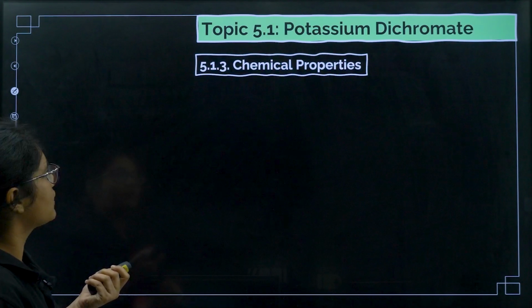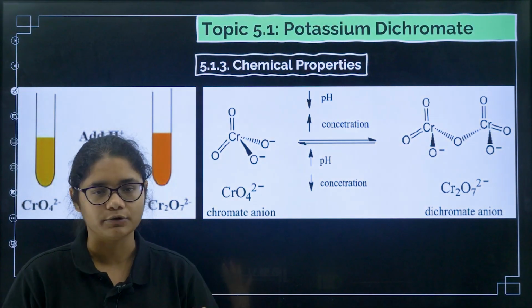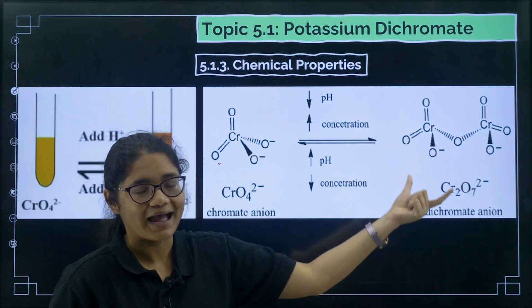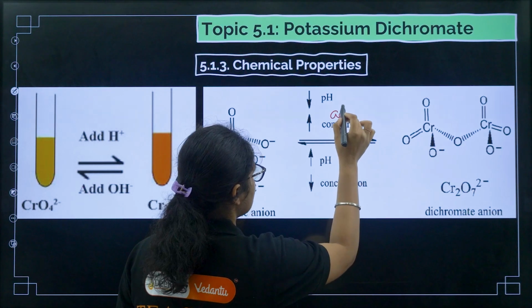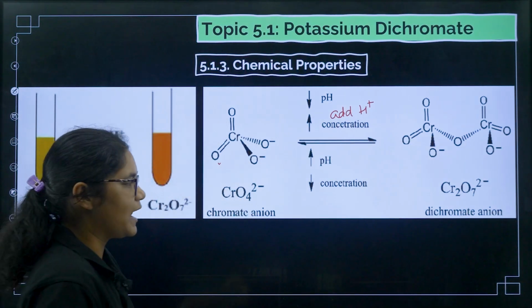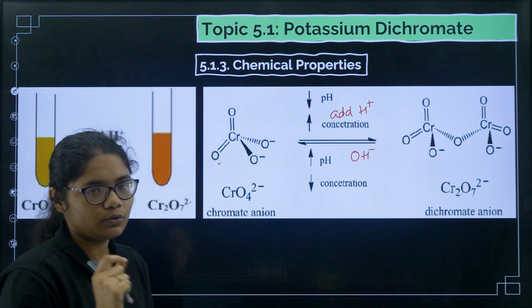Okay, now coming to their chemical properties. This is the first property that you need to know: chromate can be converted to dichromate by putting some acid in it. Okay, so if you add acid, add H plus, then chromate gets converted to dichromate, and if you add base, then dichromate gets converted to chromate.